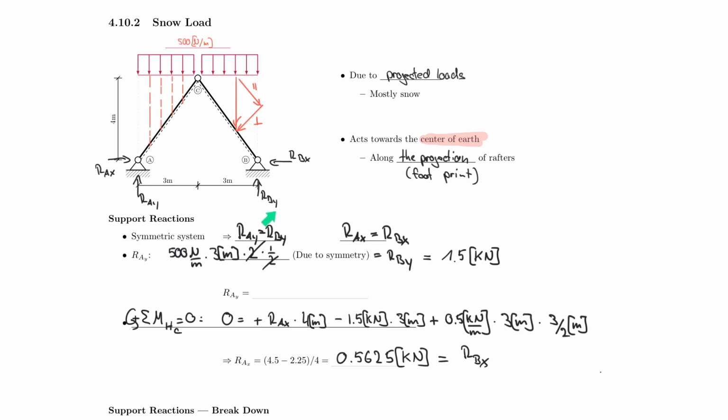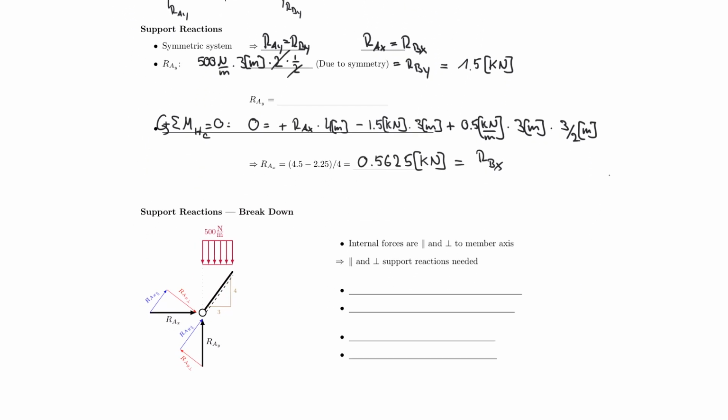And so it is a different way of looking at loads. But once again, the loads of course point towards the center of the earth because snow is also affected by gravity. But enough about the snow load itself. Let's now move on to our support reactions.